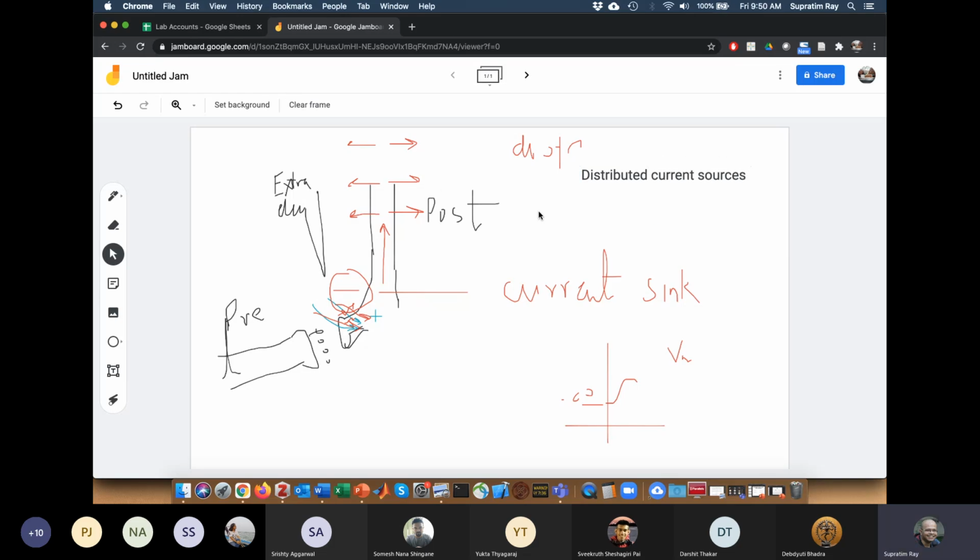So in the extracellular world, what you see is a separation of charge, a separation of sinks and sources. If the cell is very small, the sink and source are going to be very close to each other. And then it won't constitute too much as far as the extracellular potential outside is concerned.